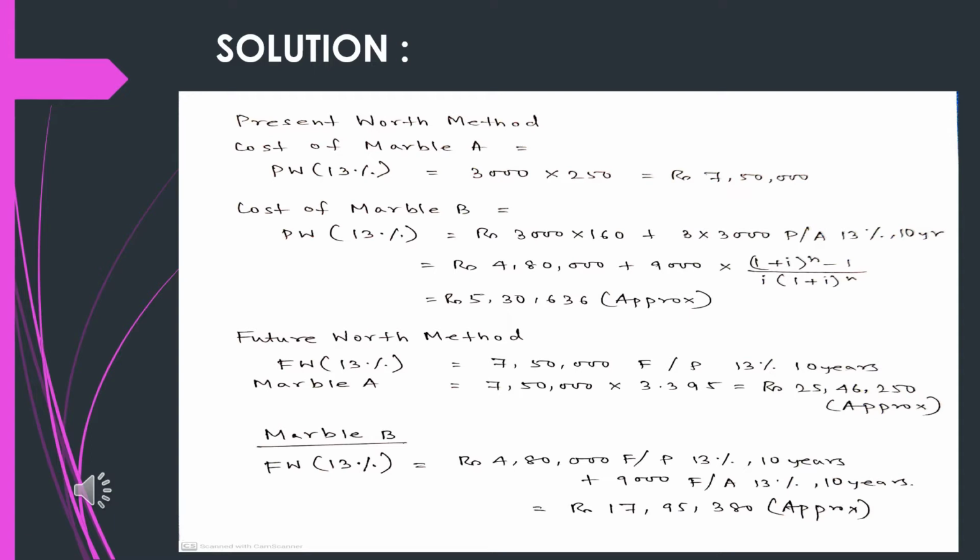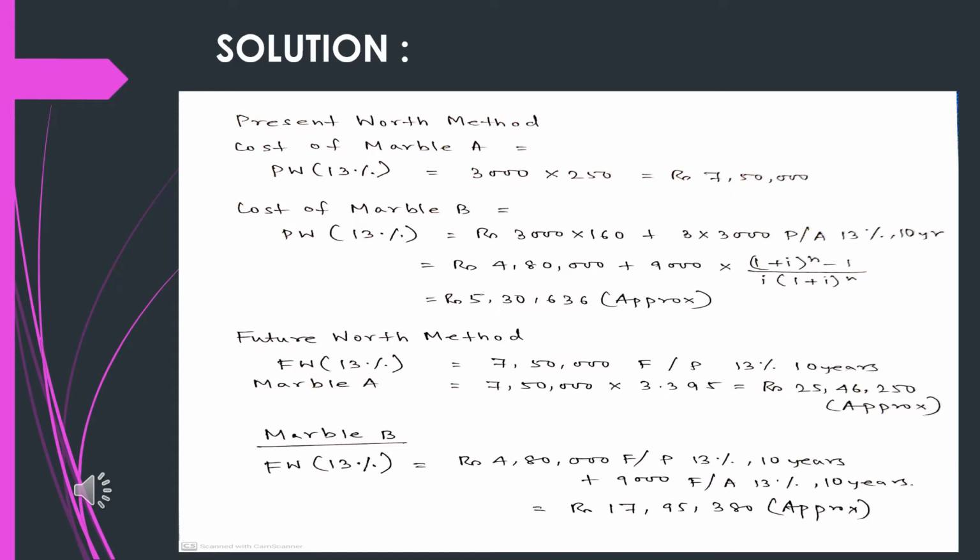So if we take the names of the marbles to be marble A and marble B, under present worth calculation at 13%, we have the cost of material plus laying charge per square feet as 200 plus 50, which needs to be multiplied by the total area of the office, 3000 square feet. Multiplying those two, we get the cost of marble A at present worth of 7,50,000.